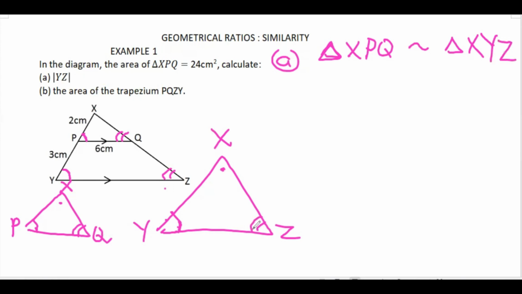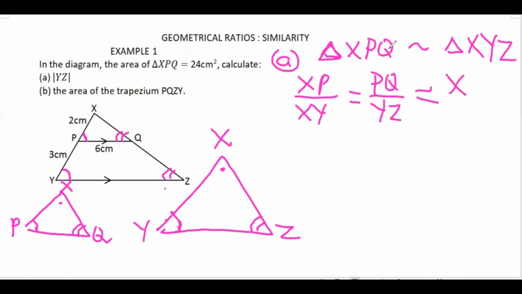So we have XYZ. From here now, you can say this is son, this is father. So if I pick XP on the son, it will be over XY on the father. If I choose PQ on the son, I choose YZ on the father. And if I choose XQ on the son, I choose XZ on the father.